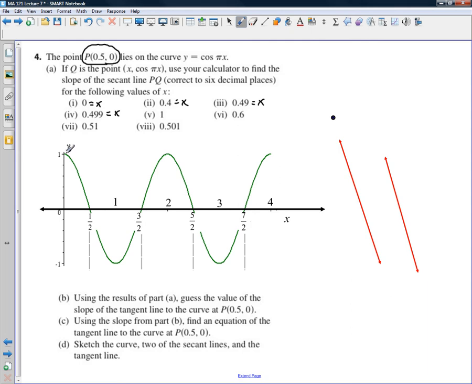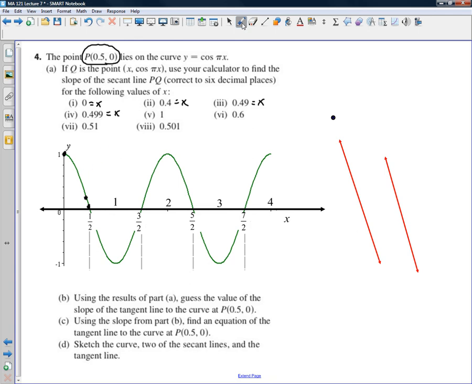Notice that we're coming from the left. We're starting with point 5, then point 4, point 49, and then point 499, almost to point 5 itself.